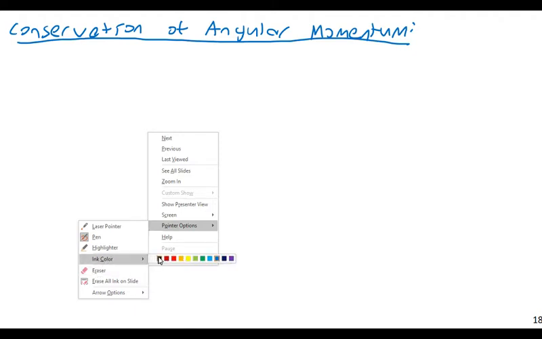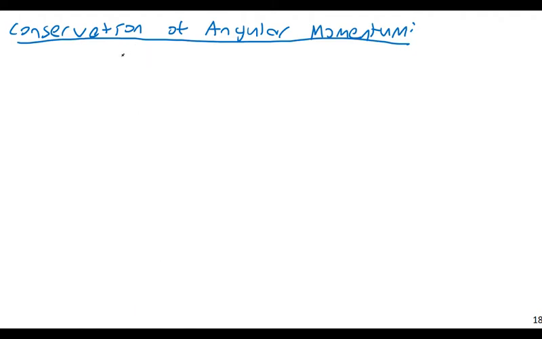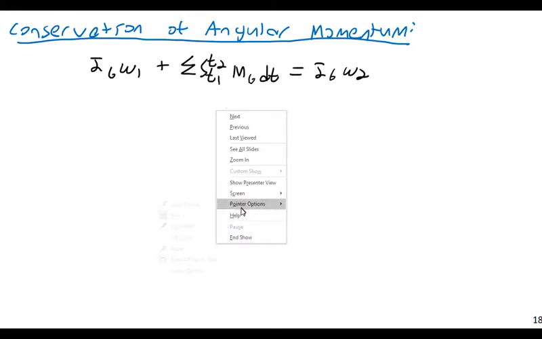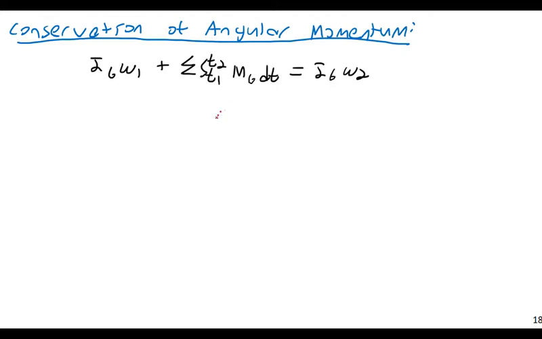Now, this all comes down to one thing. If I look at my balance of angular momentum and moments equation, I have IG omega 1 plus the summation of the integral from t1 to t2 of MG dt equal to IG omega 2. However, this MG dt must be applied from the outside, the external part of the system.